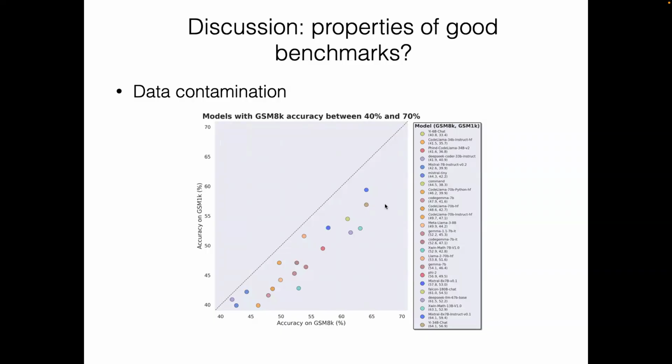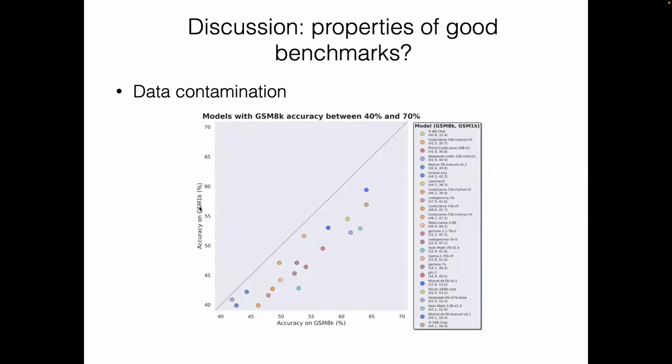So what did they do here? This was just looking at various models that have been developed. The authors were looking at the accuracy on this GSM 8K dataset versus a new version that they created called GSM 1K.